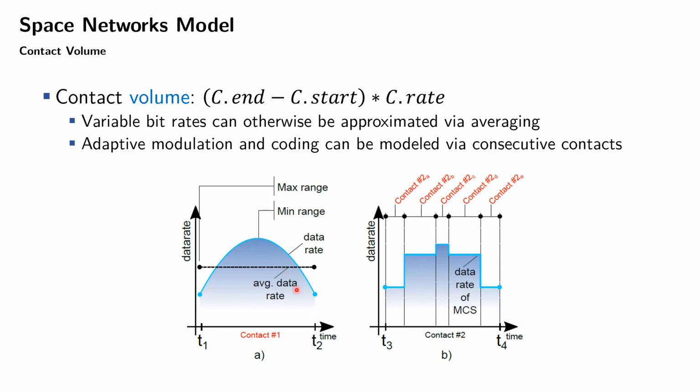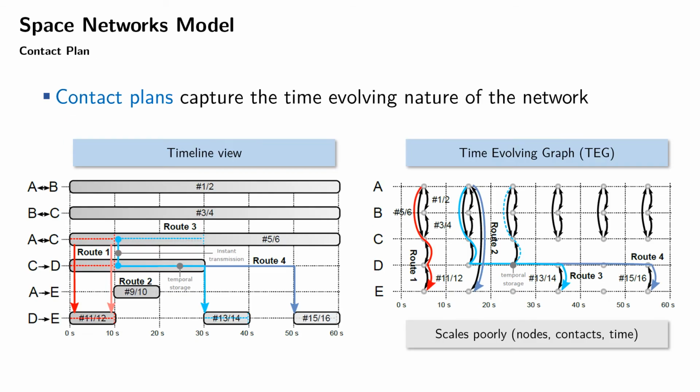Also, if you need to follow closely the evolution of an adaptive coding and modulation scheme, then you can use this contact model to have several subsequent contacts with different data rates that can model such a varying data rate link if necessary. So basically, we have quite a good, flexible element to model the connection.